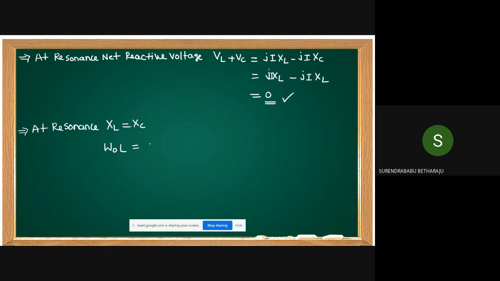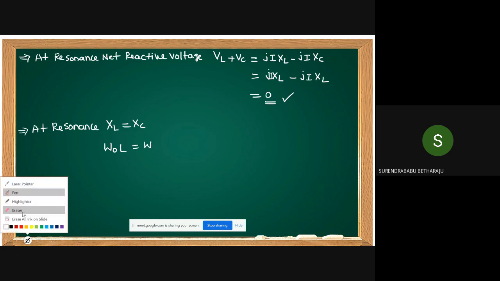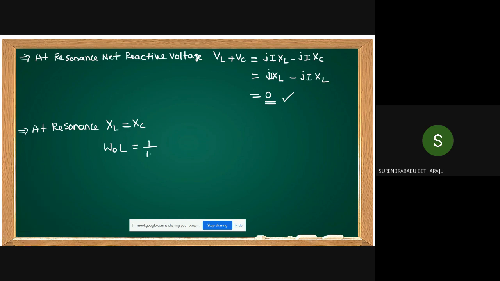Omega naught L equals 1 by omega naught C. Then from this, what is omega naught square, students? 1 by LC. Then what is omega naught? Omega naught equals 1 by root LC.